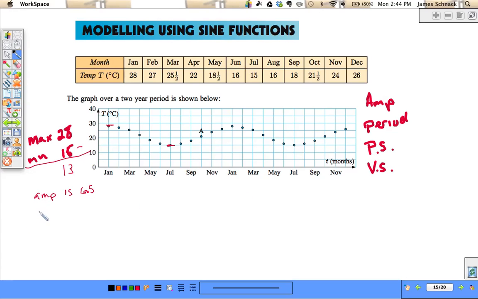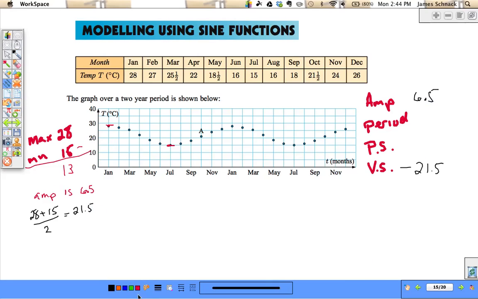And the way we can get that midline is we can take the 28 and the 15, add them and divide by 2. What we get is actually our 15 plus 6.5, 21.5. Guess what? That's our vertical shift. And we have our amplitude, 6.5. We are halfway there, ladies and gentlemen.